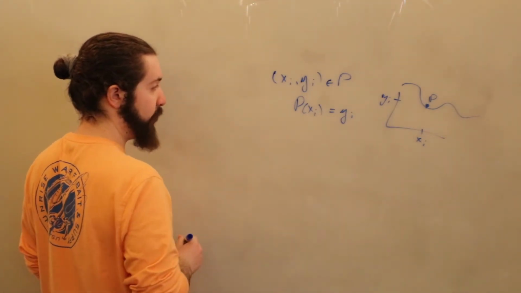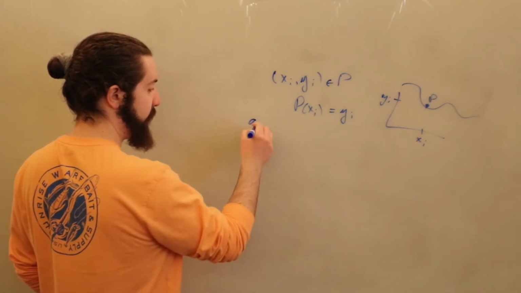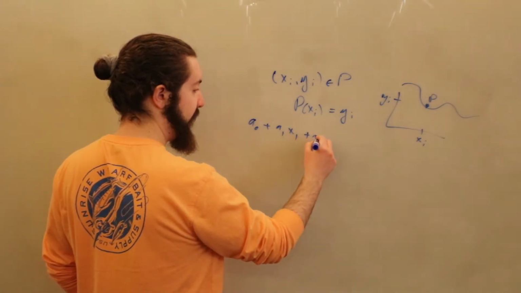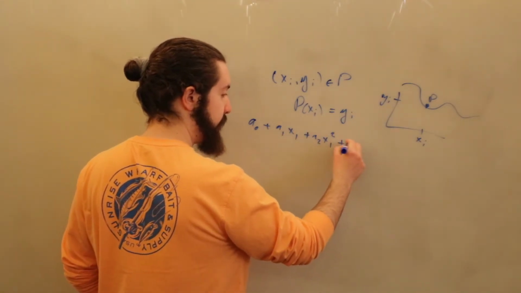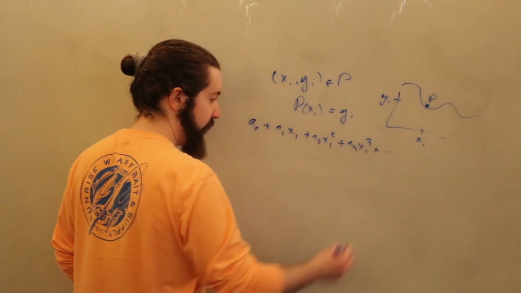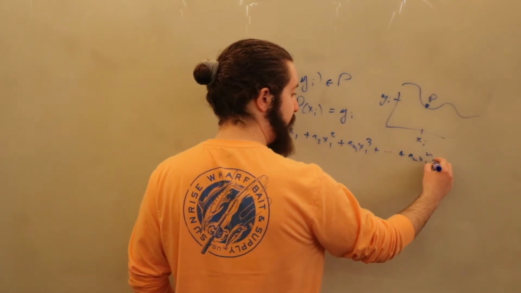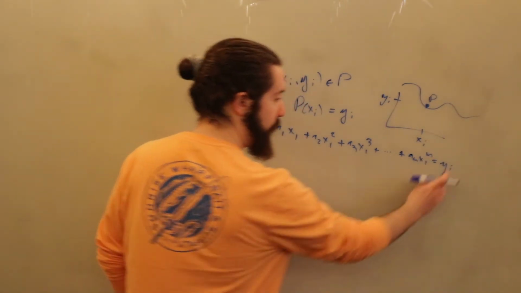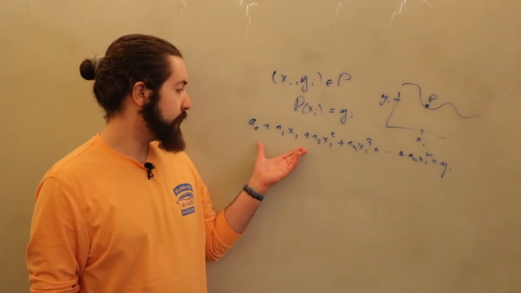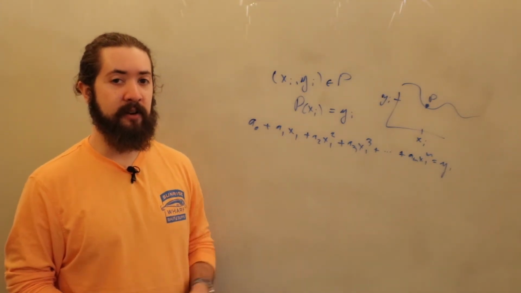So suppose we pick the point x1, y1, our first point that we wanted to go through. Well, we'll have a0 plus a1 x1 plus a2 x1 squared plus a3 x1 cubed plus etc., all the way up to am x1 to the m is equal to y1. Now notice with this equation that although this looks like a polynomial equation, it's really a linear equation.